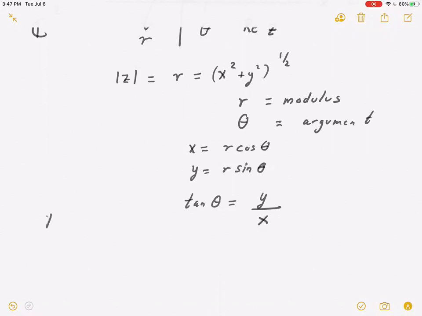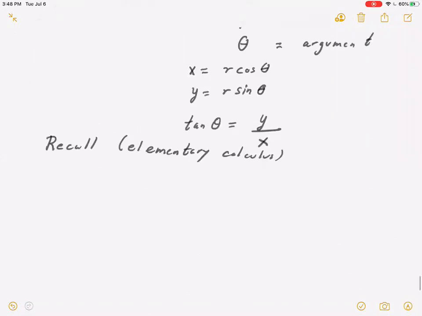The tools that I'll use are things that you've seen from elementary calculus. So I ask you to remember or recall, and if you have some issues with this, I'll give you some practice problems on this in a future problem set.